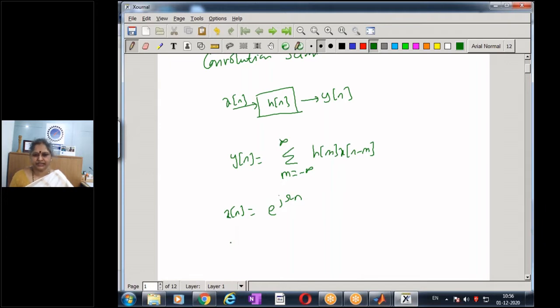So in this case, my output now reduces to sigma m equal to minus infinity to infinity h of m e to the power of j omega (n minus m).